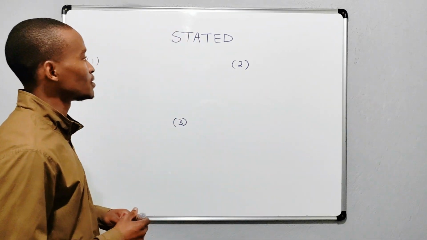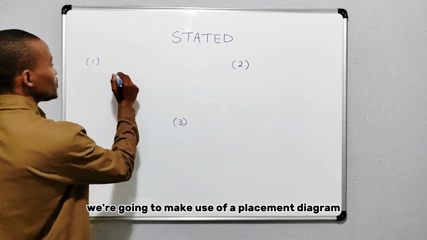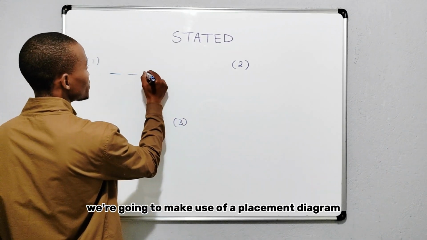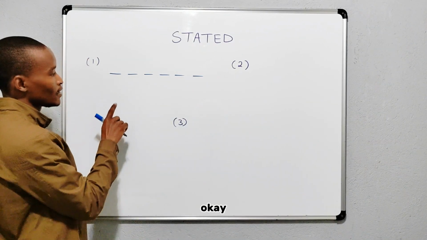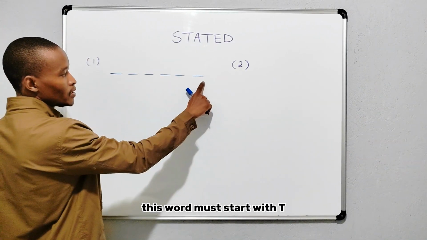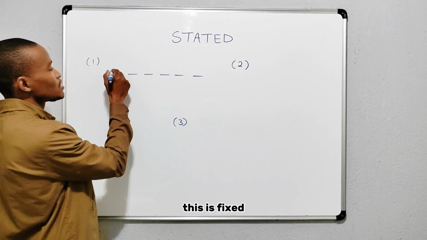Okay, so let us look at the board. And of course, we are going to make use of a placement diagram. How many places? 6. This word must start with T, so this is fixed.